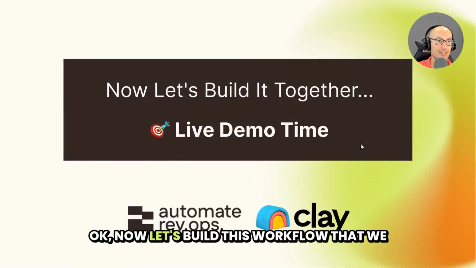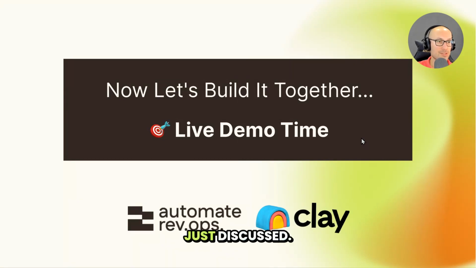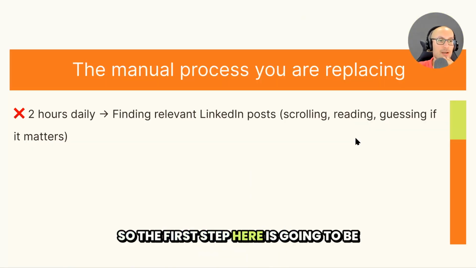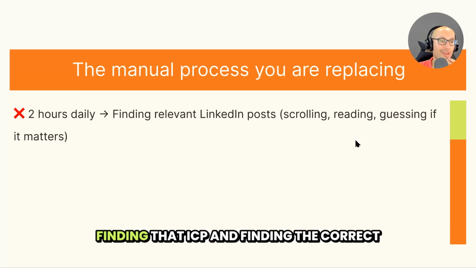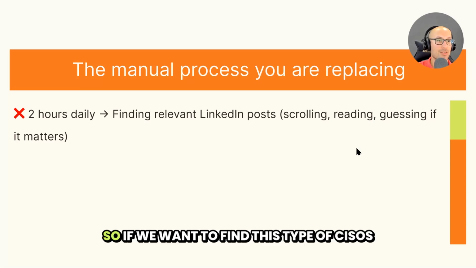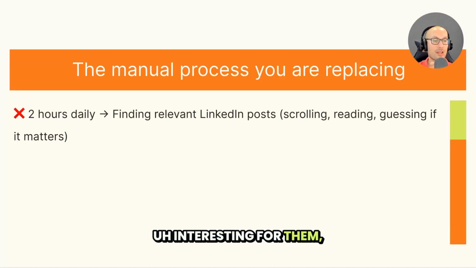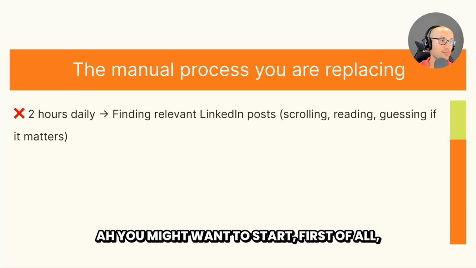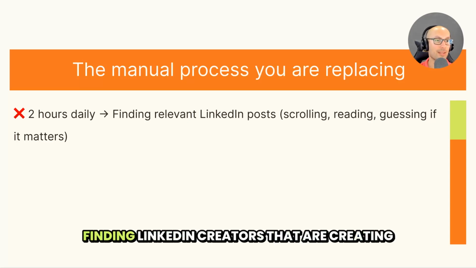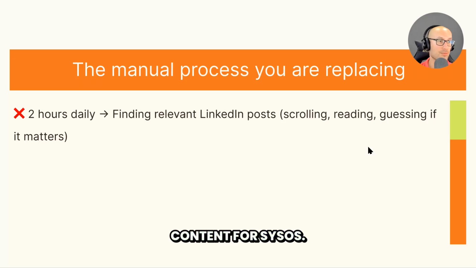Okay, now let's build this workflow that we just discussed. So the first step here is going to be finding that ICP and finding the correct timing. So if we want to find these CISOs that are engaging with content that can be interesting for them, you might want to start, first of all, by finding LinkedIn creators that are creating content for CISOs.